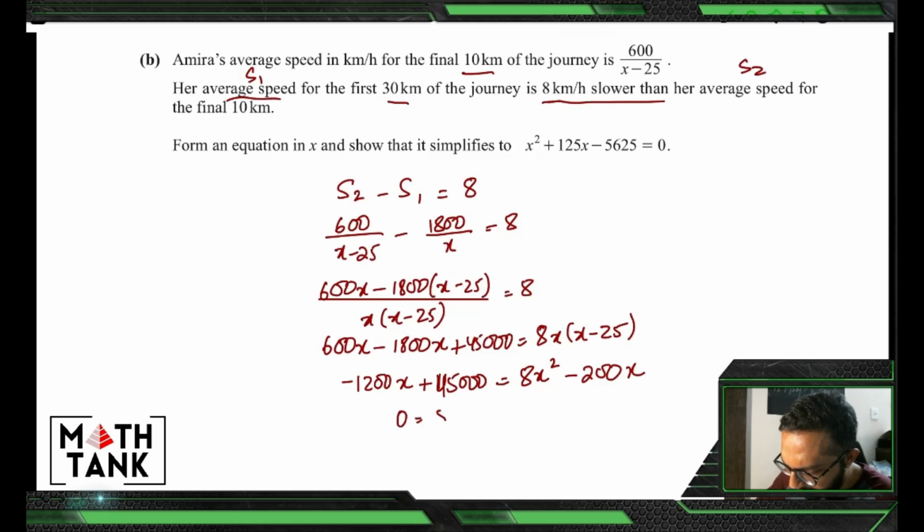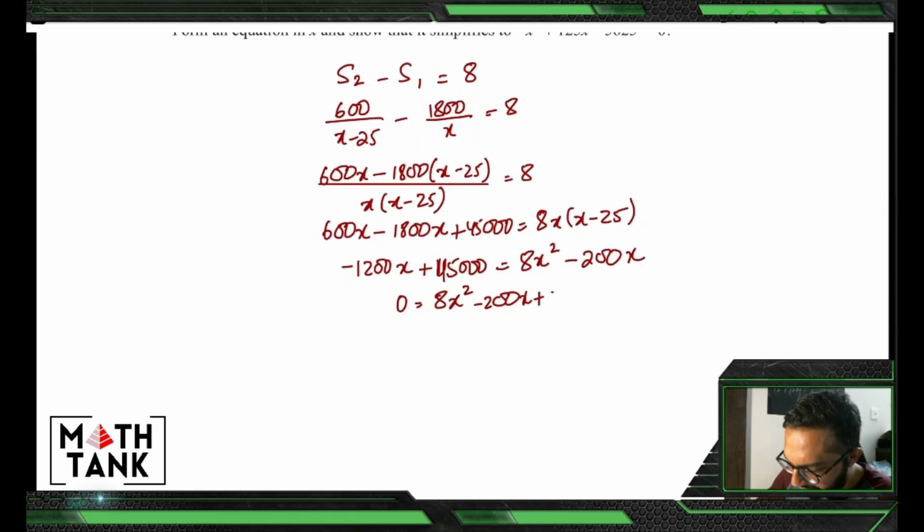Moving everything to one side, 8x squared minus 200x plus 1200x plus 45. So 8x squared plus 1000x plus 4500.